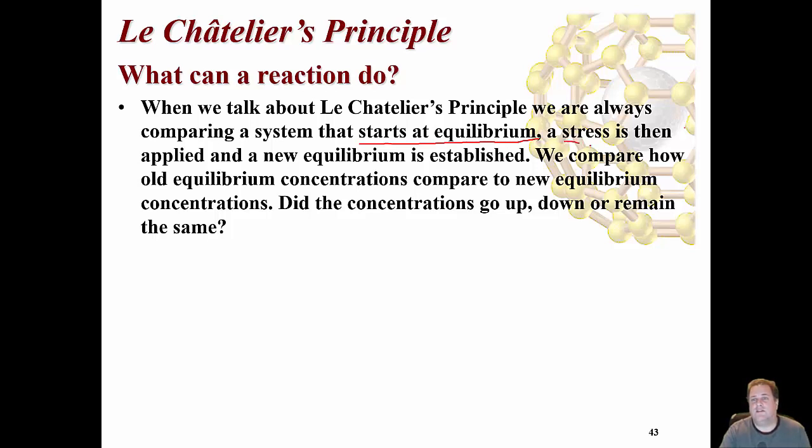This stress, again, a change in something, concentration, temperature, etc., and we're going to compare that initial or old equilibrium to the new equilibrium. So we're going to compare how old equilibrium concentrations or amounts compare to our new equilibrium concentrations or amounts. Basically, we're just going to answer the question, do the concentrations go up, down, or remain the same for anything in that reaction, or everything?